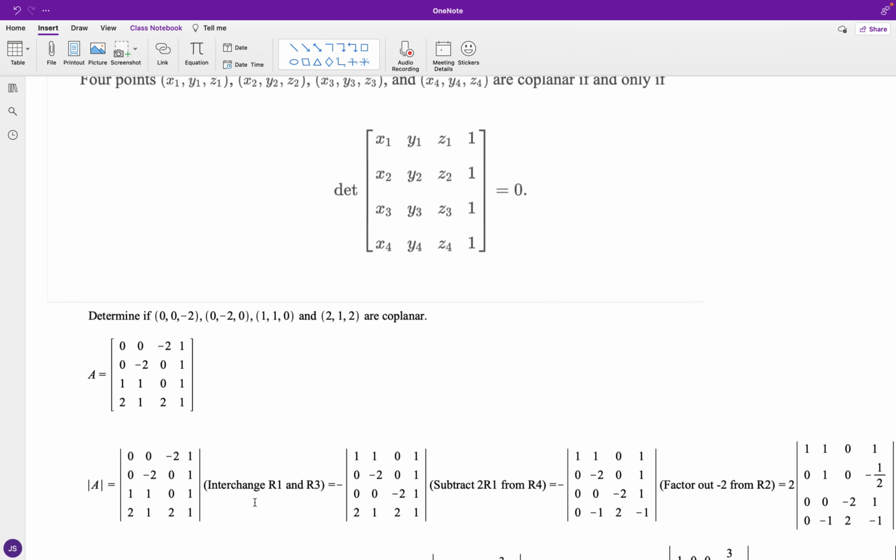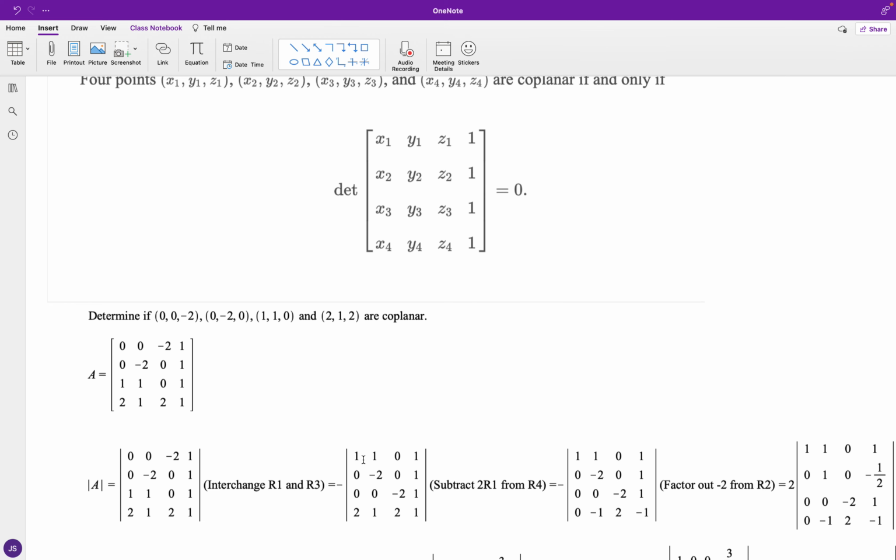And each time you interchange rows in finding the value of a determinant, you get a sign change. So for each interchange, you go from a positive to a negative and vice versa. After this interchange, we have 1, 1, 0, 1 at the top, and now it is 0, 0, negative 2, 1 in the third row.